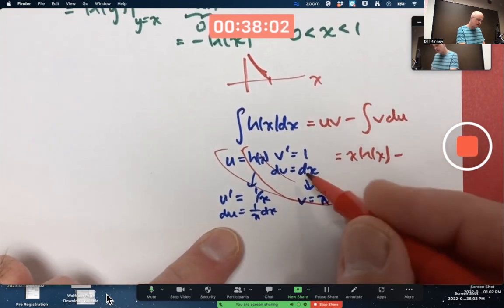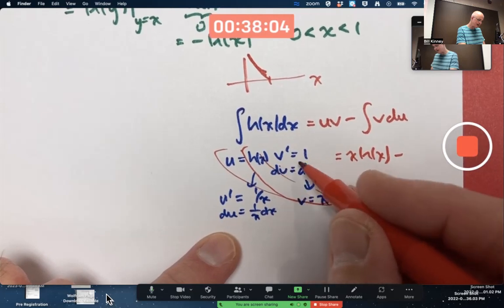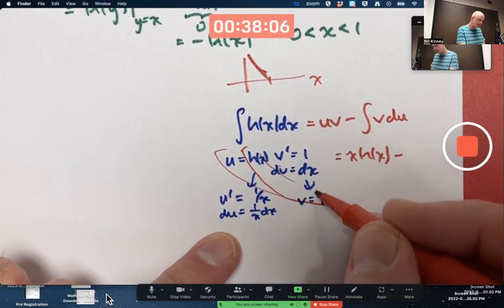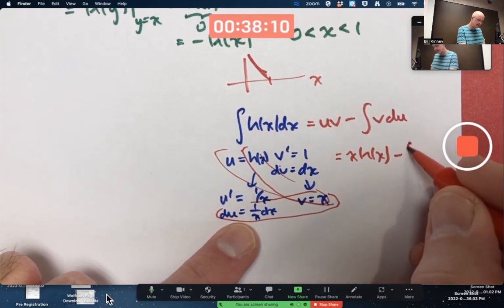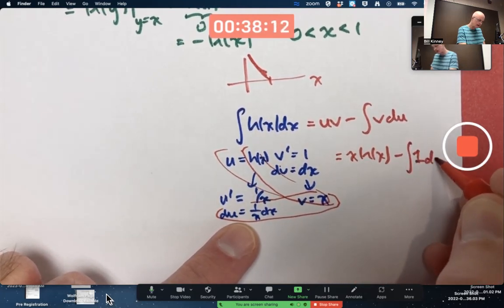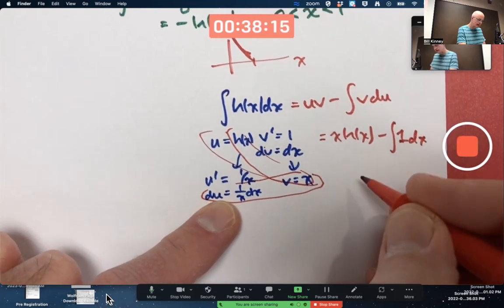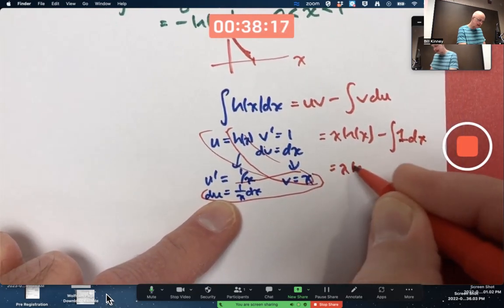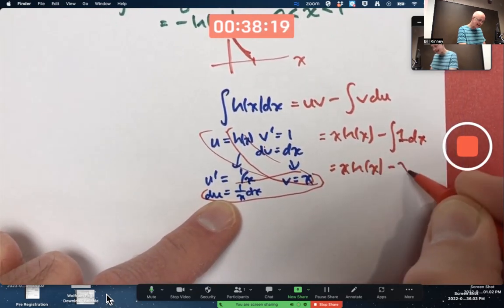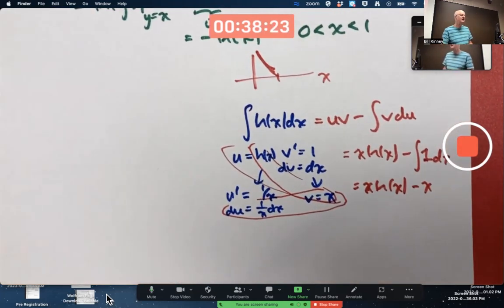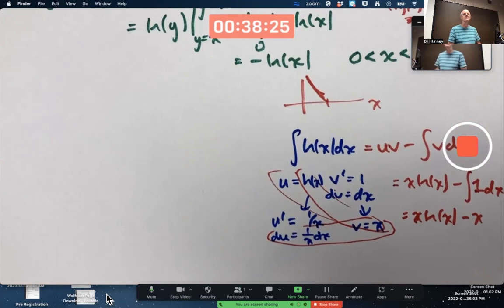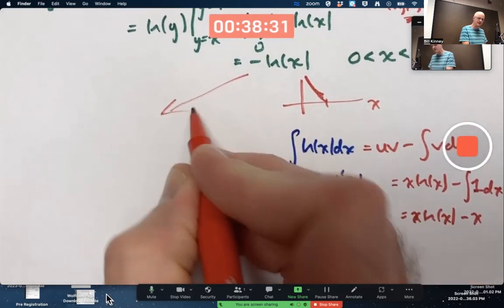V du means multiply these two things as well, and the x and the 1 over x cancel to give you the integral of 1. So we get x natural log of x minus x plus c, but then we won't need the c because we're going to do a definite integral. The c can be 0. So that's all prep work to help me do this integral here.